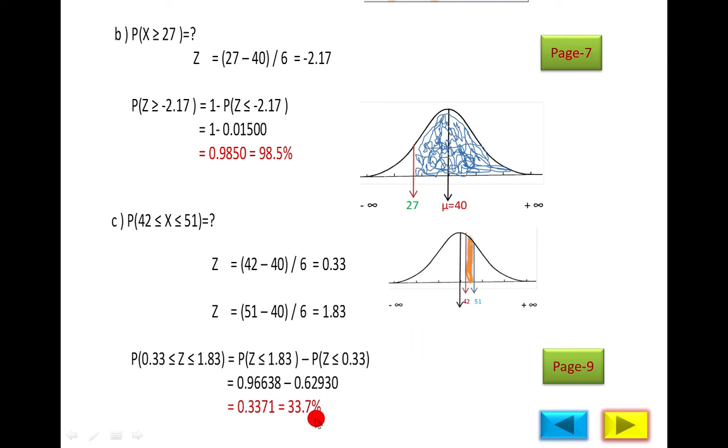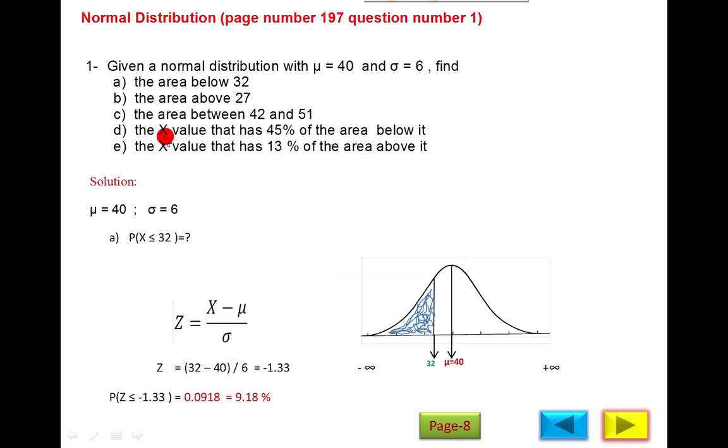Okay, so in these three parts A, B and C, the values of x are given and the values of mu and sigma are also known. So first we transform x into z and then find the probability of this value of z from the table. In the next part, the value of x is unknown.